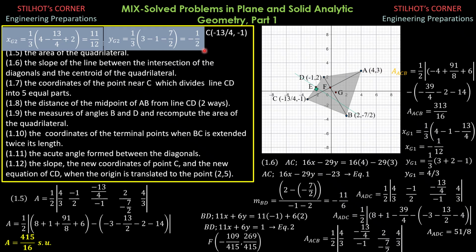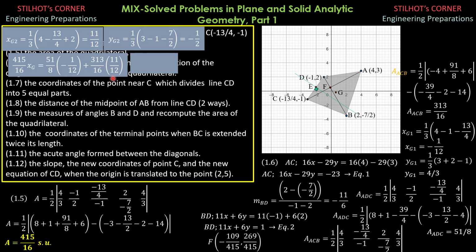So by Varignon's theorem, to locate G, 415 over 16 times xg equals area 1, 51 over 8 times xg1, negative 1 over 12, plus area 2, 313 over 16 times xg2. Sorry, xg2, 11 over 12.